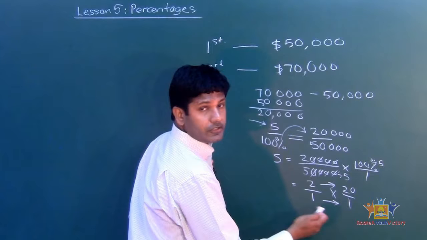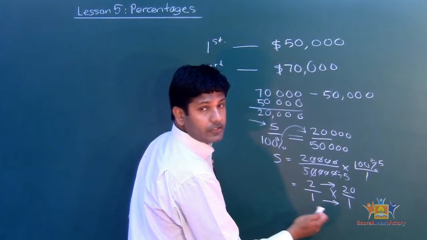First, let's subtract them. Let's say I had given you a problem like this: the initial price is 64,000 ringgit and it has been reduced down to 56,000 ringgit. What would be the percentage of the reduction?